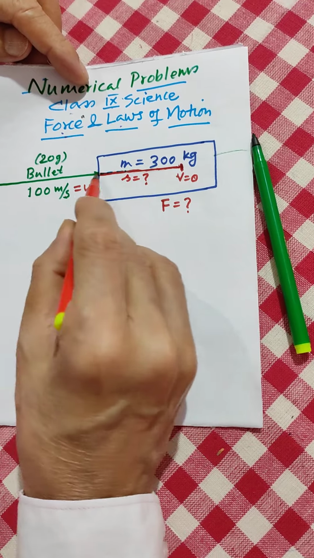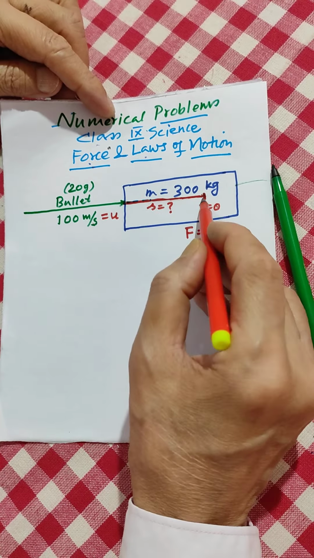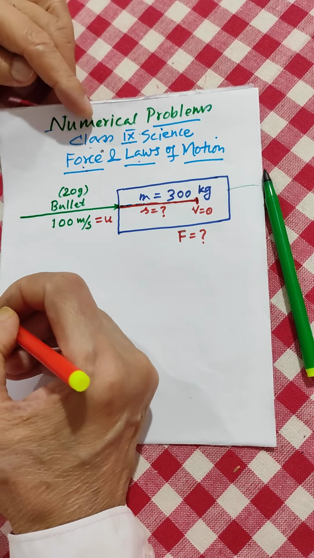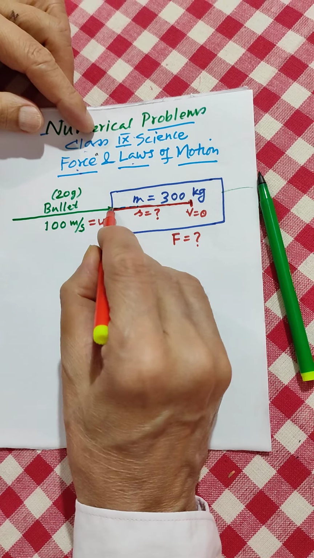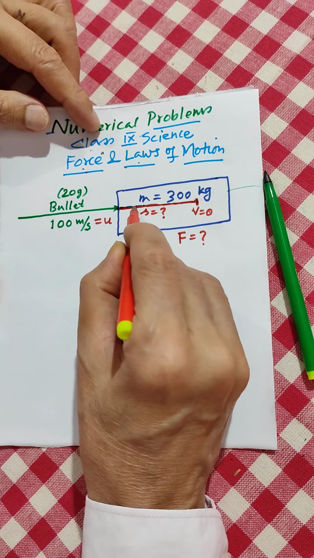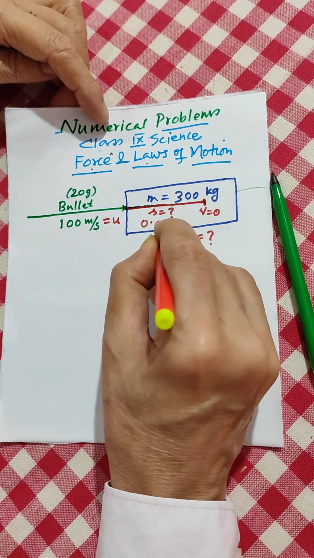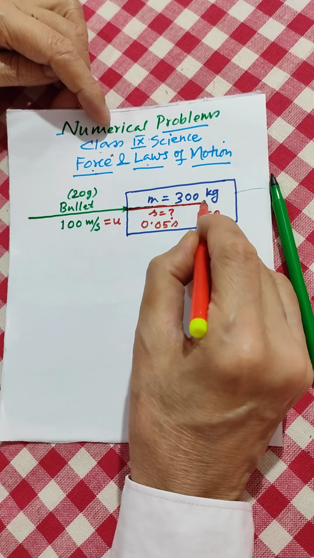Why does the bullet stop in the block? Obviously the block has given an opposite force on the bullet. That force you need to find out. And the bullet takes, say, 0.05 second to stop in the block.